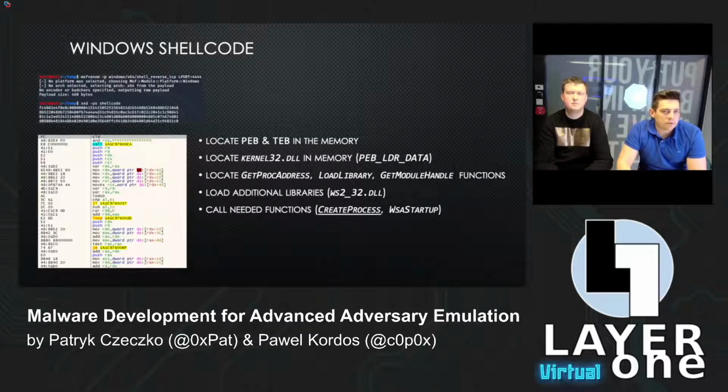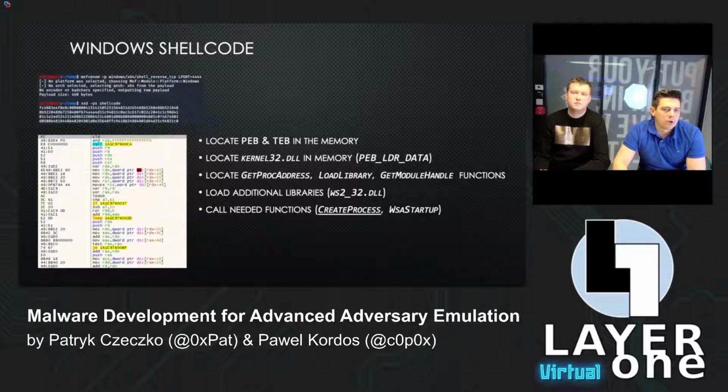And for Windows shellcodes, as I mentioned, it just locates the process environment block in the memory, then it locates loader data, the list of imported loaded DLLs, because every Windows process has kernel32 DLL and ntdll loaded, and those libraries have some functions that are necessary to load additional modules, namely GetProcAddress, LoadLibrary, GetModuleHandle, and this can be used to load any other library and invoke any function needed.